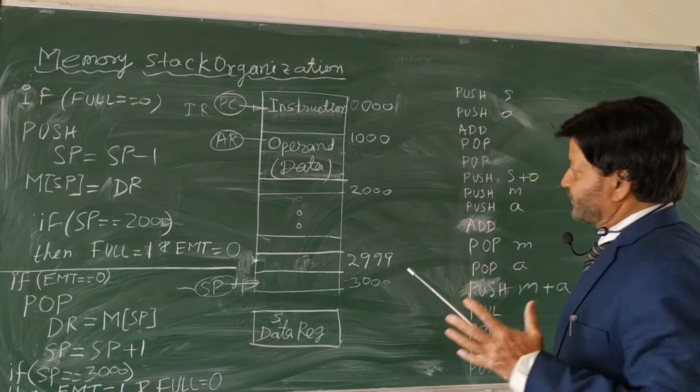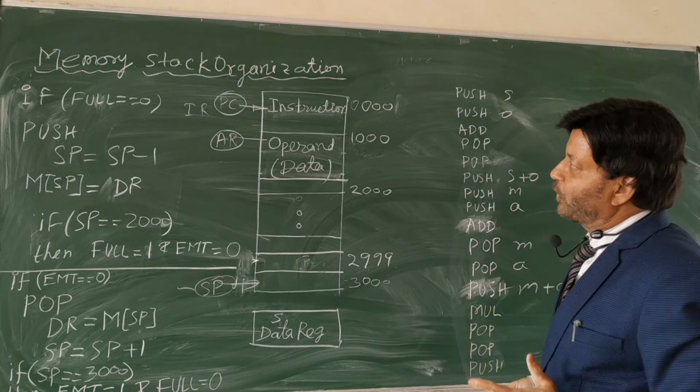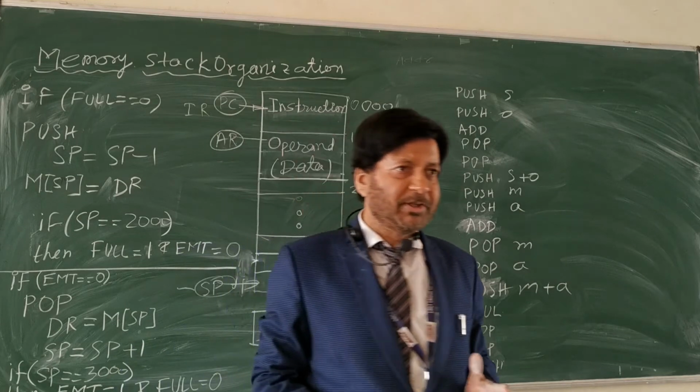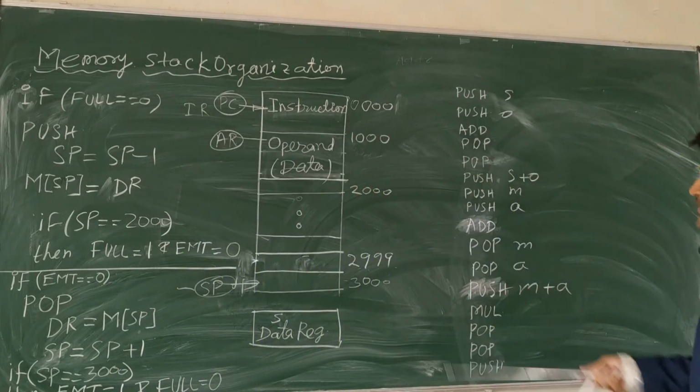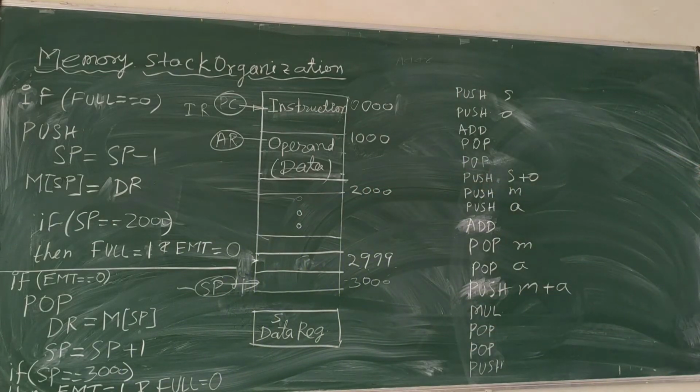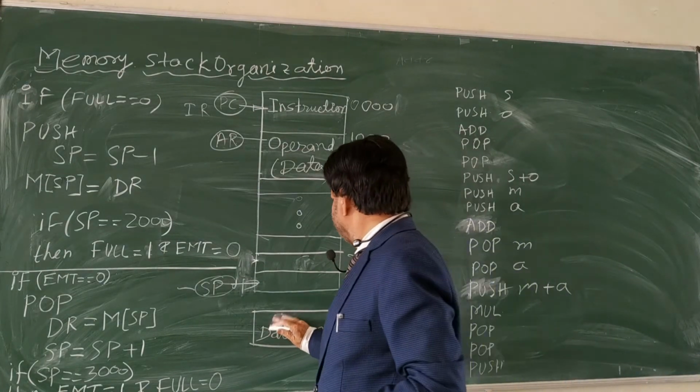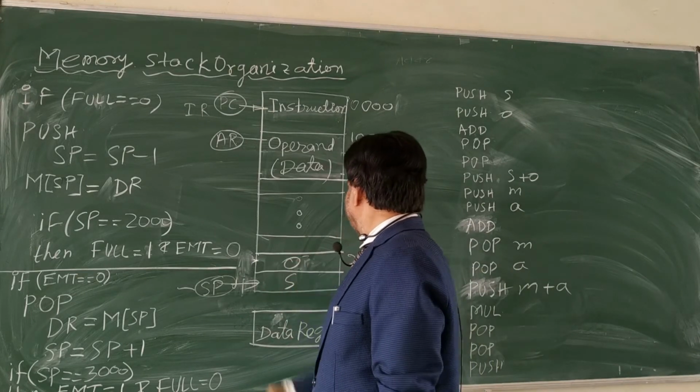So now let us check. We have performed the register stack organization operation, and we will also perform the same operation in this memory stack organization. So what are we doing? We have initially pushed S into the stack, then O into the stack.